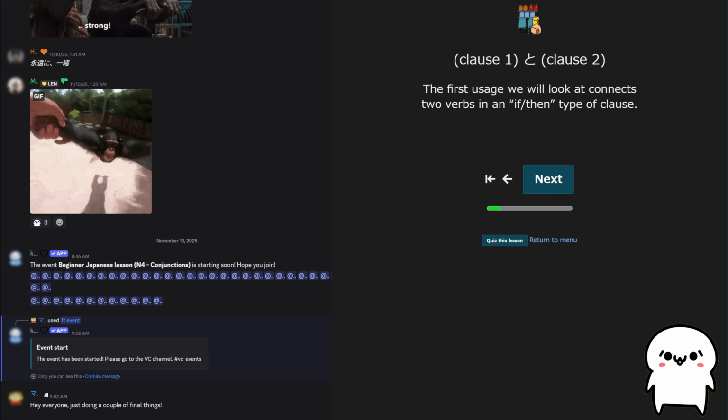And we've seen a lot of things like this. For example, kara and node, we've covered up until now. To is slightly different. It sometimes gets translated as when as well, not just the if then. But the important thing to note is that it shows a natural or expected relationship between the two things.